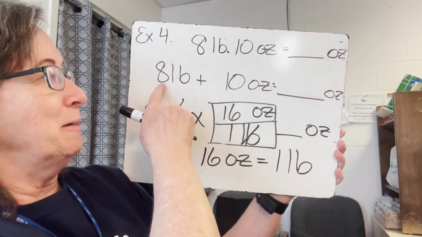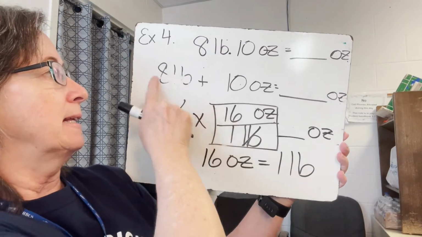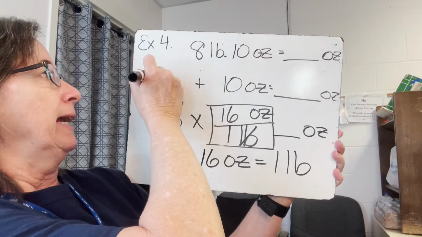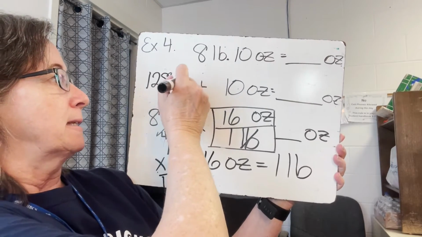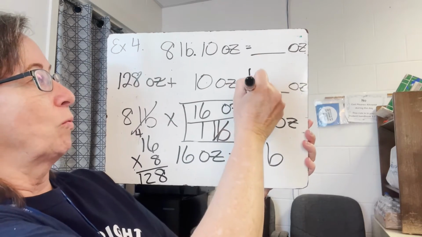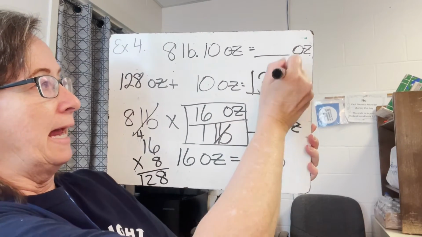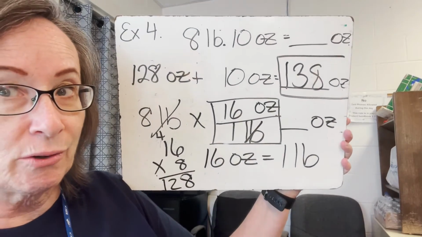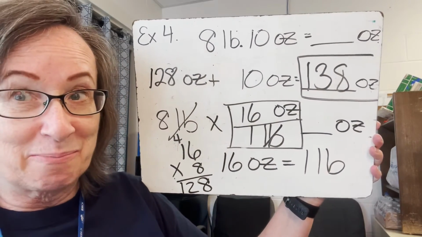So the 8 pounds is 128 ounces. And 128 plus 10 is 138. So James weighed 138 ounces when he was born.